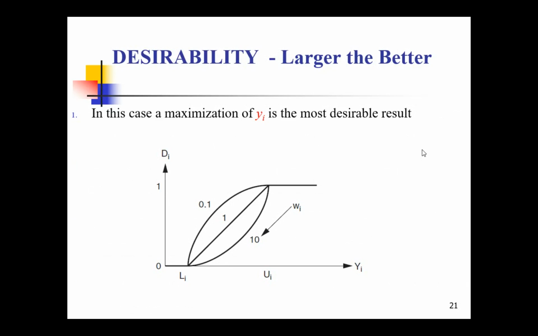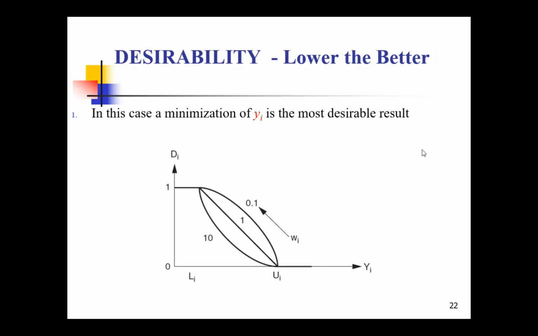So d_i, we are going to move towards the desirability value of 1 in between the ranges, lower and upper limit. L_i is the lower limit and U_i is the upper limit, and in between that we are going to obtain the desirability value for the larger-the-better condition, that is improving the yield.